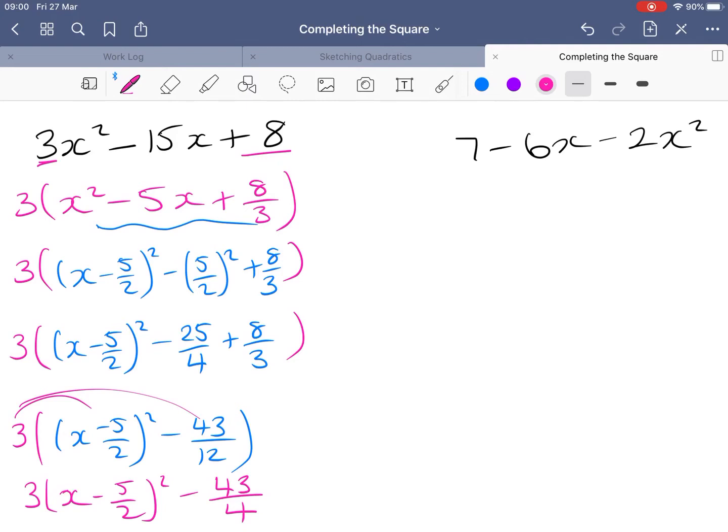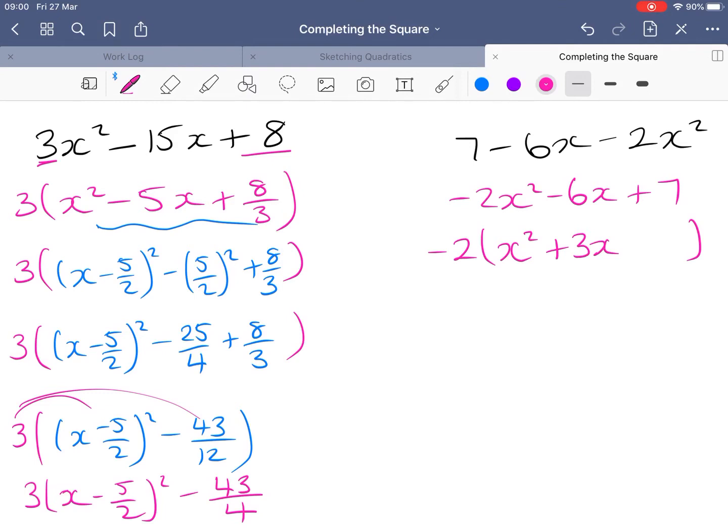Okay, and I'm not going to do the last one apart from to show you that the first thing I would do would be to write it starting with the x squared, and then I'd have to take out a factor of minus 2. So it would become x squared plus 3x. And again, the last term is the most complicated.